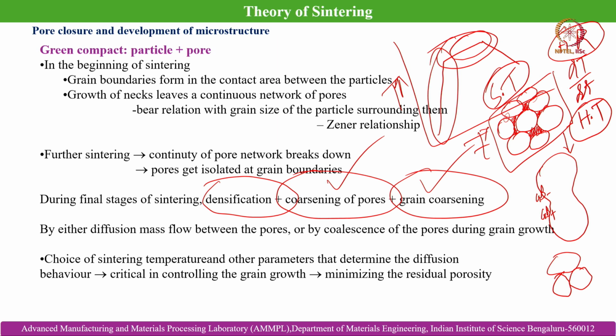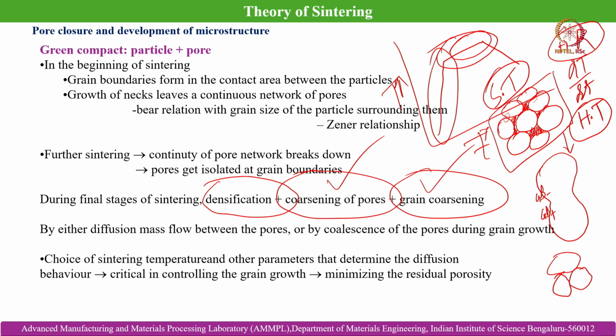And also, if the sintering temperature is not sufficient, then there won't be enough densification, and we may not be able to achieve the required sintered density that is expected from the part. That will also result in a higher amount of residual porosity.